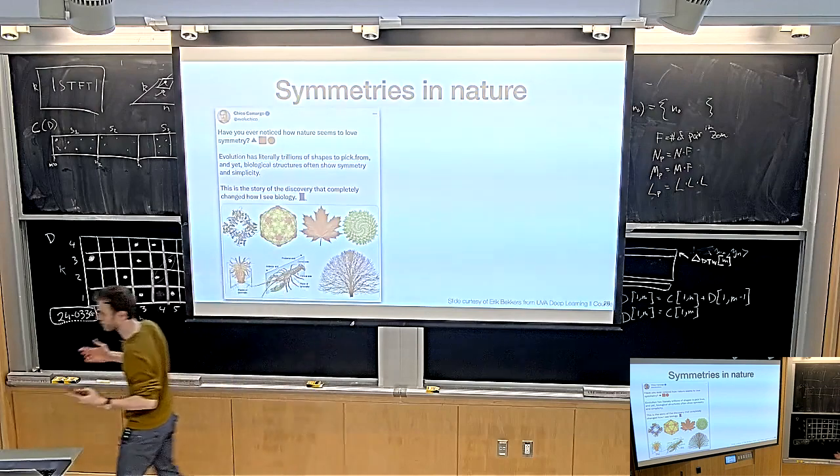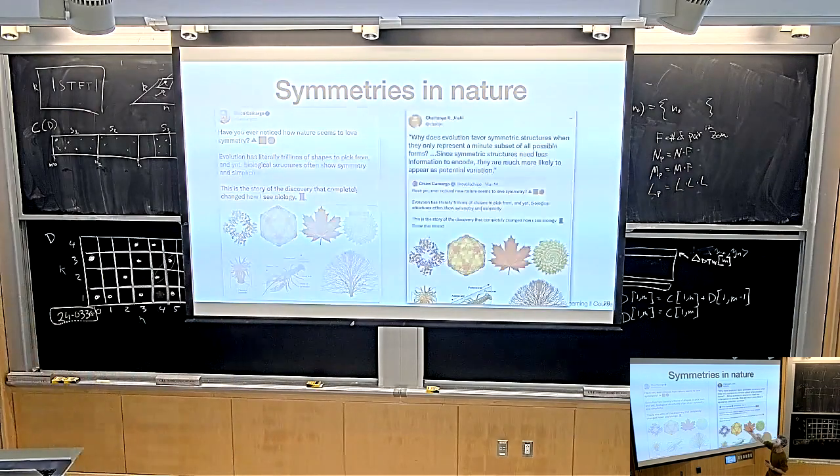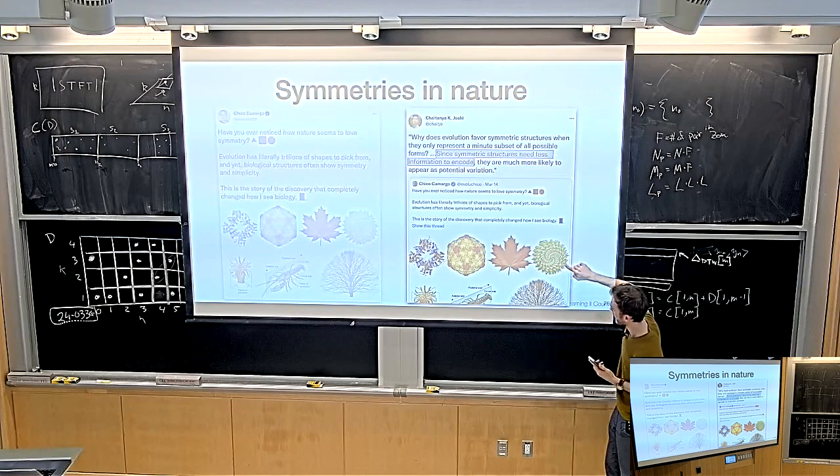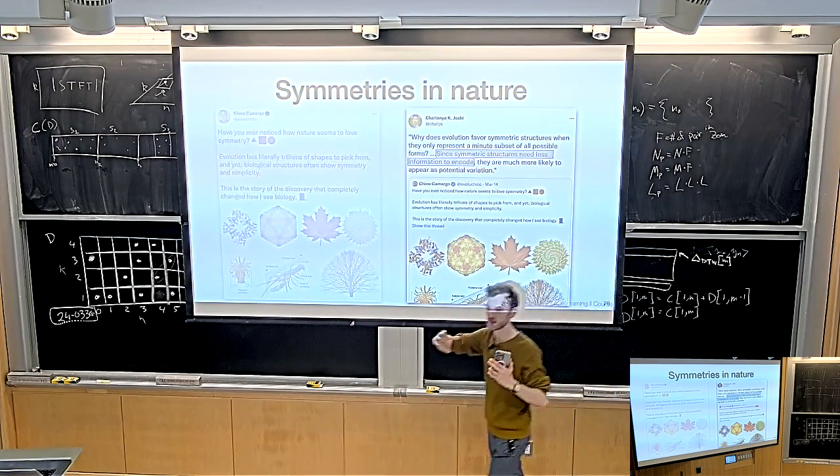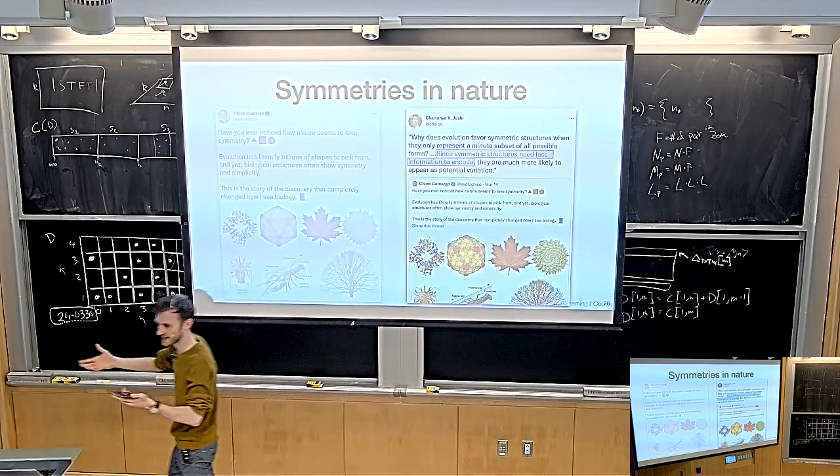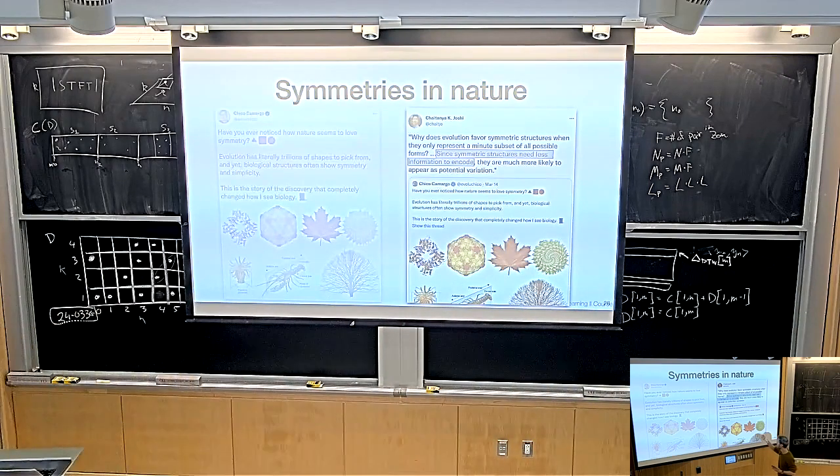And there are many reasons why that might appear. One reason sometimes mentioned is that symmetries enable you to put lots of information into a kind of compression. So for instance, here's a little succulent. If you want to encode in the DNA of this plant how to arrange the leaves such that you maximize the amount of light they get, then storing the position of each leaf separately in the DNA might be very costly.